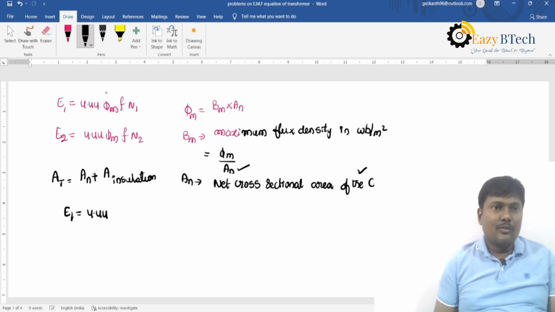E1 is equal to 4.44 into Bmax AN F into N1, and E2 is equal to 4.44 into Bmax AN F into N2.